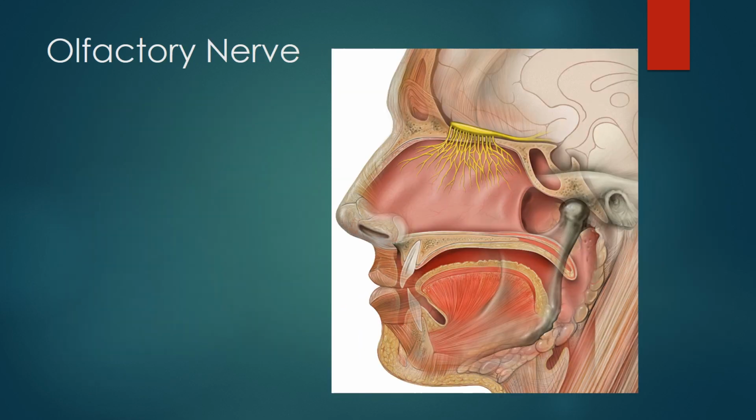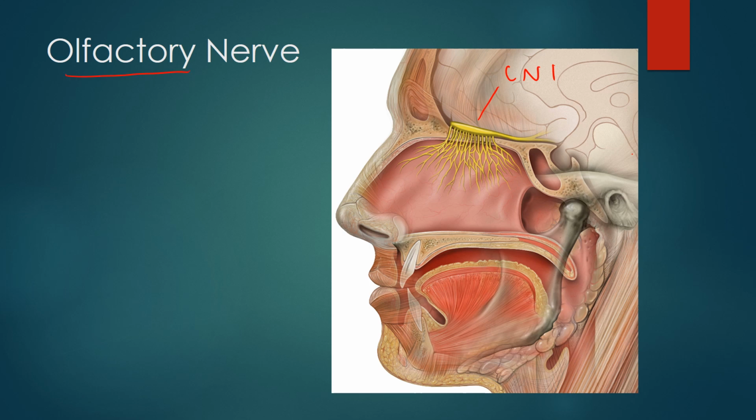As well as breathing, you guys have also studied the cranial nerves by now, so we also know that our nose is important for our sense of olfaction. We have our cranial nerve 1, so CN1, which is our olfactory nerve.